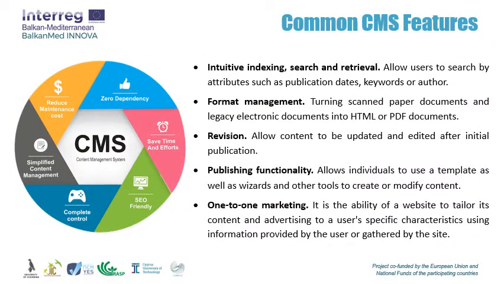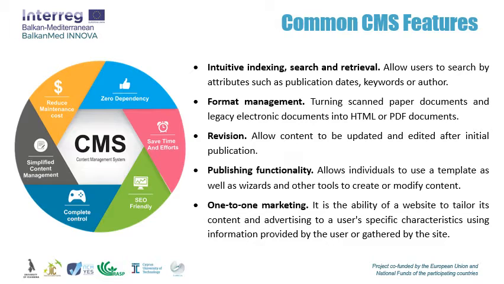The core CMS features are indexing, search and retrieval, format management, revision control, and publishing. Features may vary depending on the system application but will typically include intuitive indexing. Search and retrieval features index all data for easy access through search functions and allow users to search by attributes such as publication dates, keywords or author.